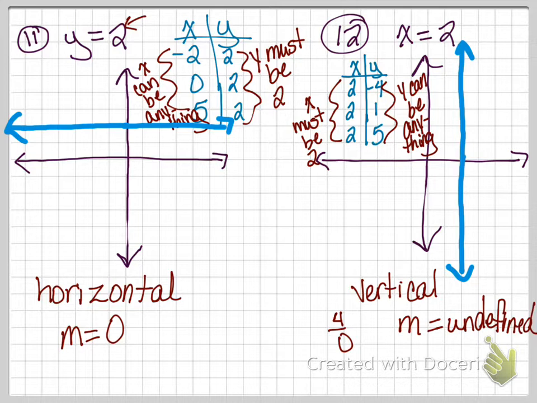For my horizontal line, I would get a 0 in my numerator, and that's okay. It's not okay to have a 0 in the denominator.